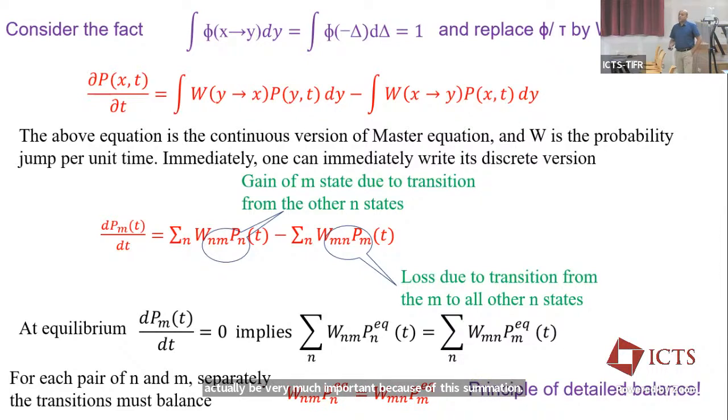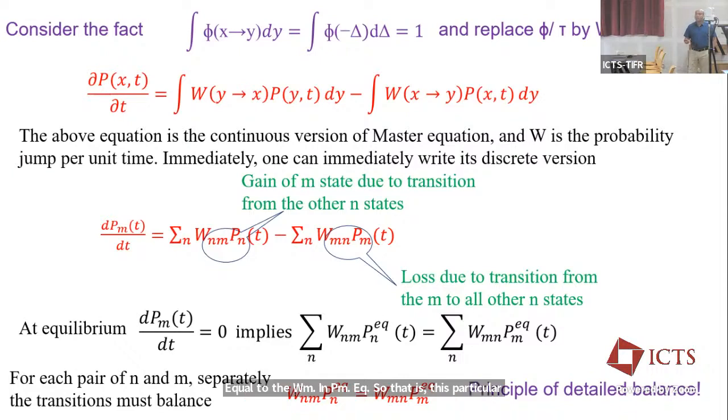So one important relation in physics or physical science is this: if the probability is at equilibrium, then dp dt at equilibrium will be 0, and ultimately this summation relation also implies that W n m p n equilibrium equals W m n p m equilibrium.